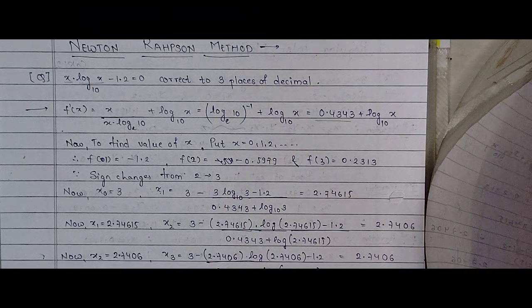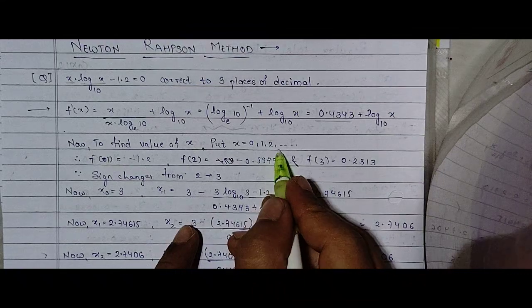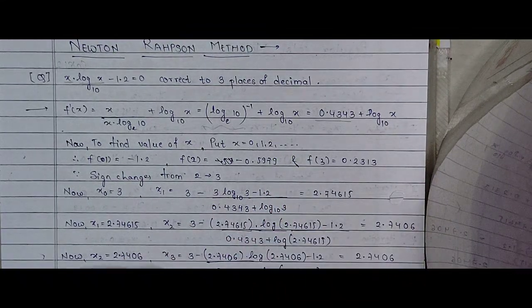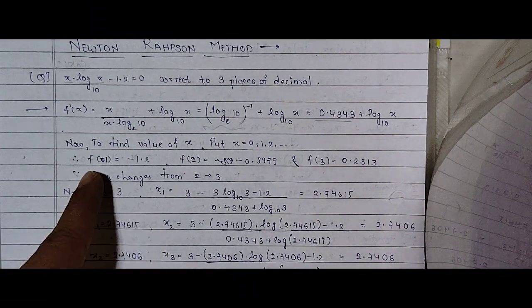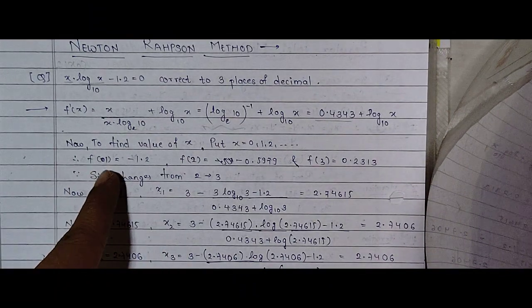So for finding the 2 points in between which the value of x will lie, we have to put x as 0, 1, 2 until we get alternate signs, that is positive or negative sign. So first I have calculated f of 1.